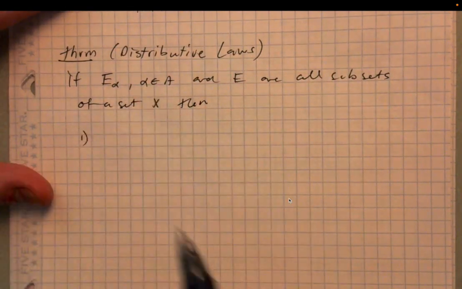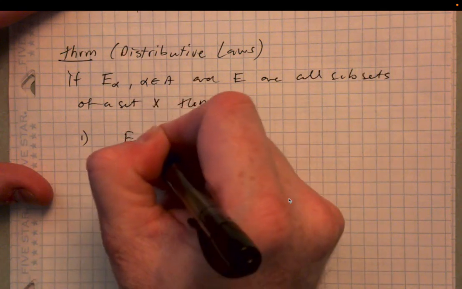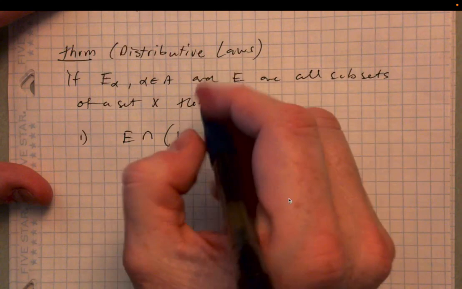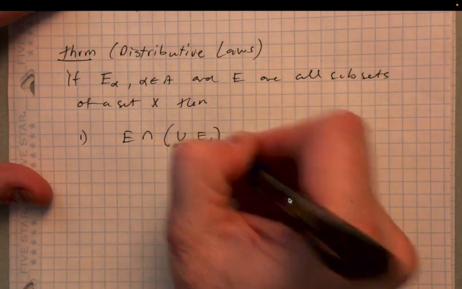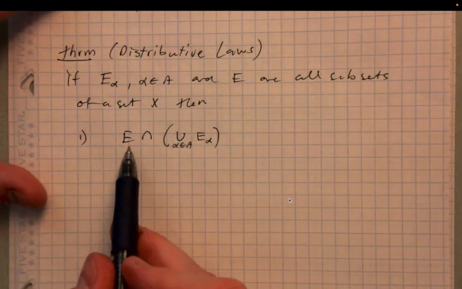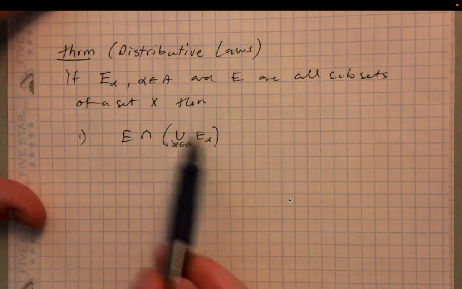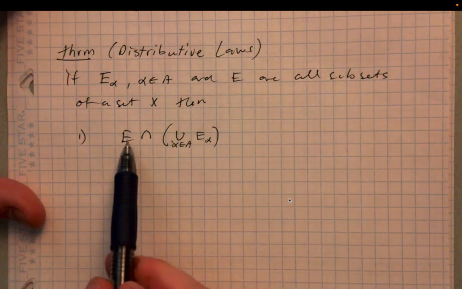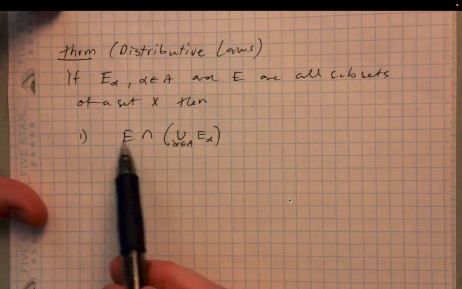then two things here. We could say that E intersected with the union over alpha in A of E alpha. So I've got an indexed family of subsets of X, E sub alpha, and I've got some other set E, and I'm talking about the intersection here.